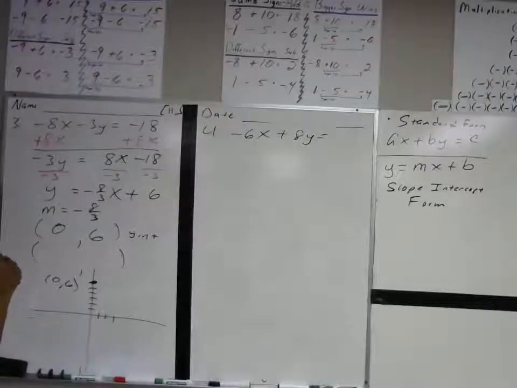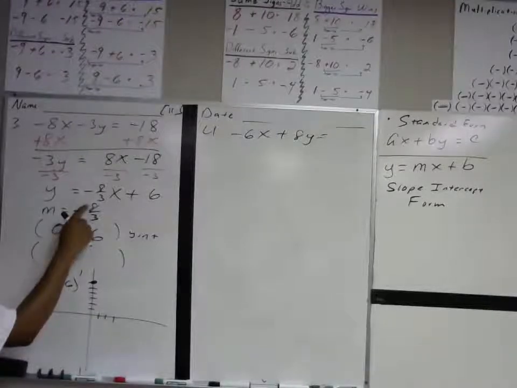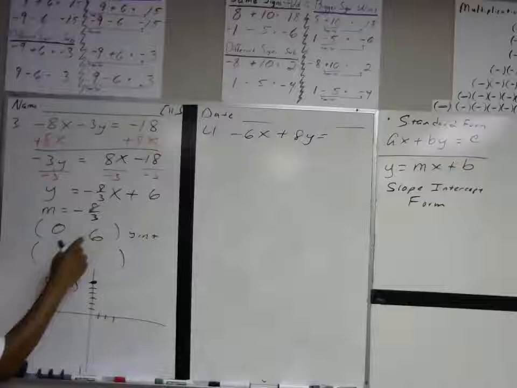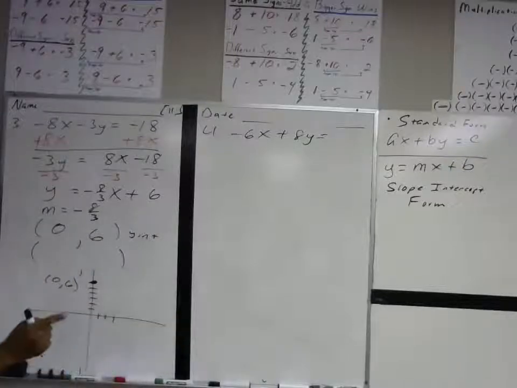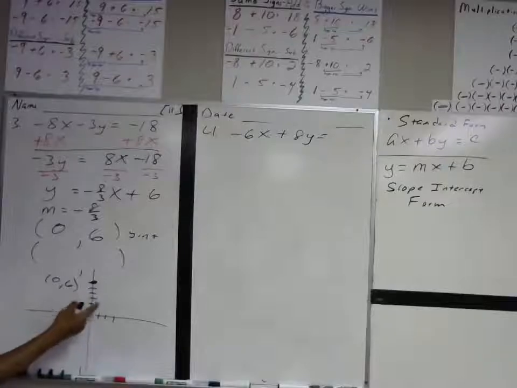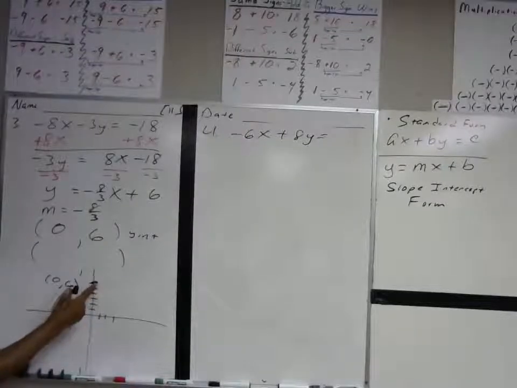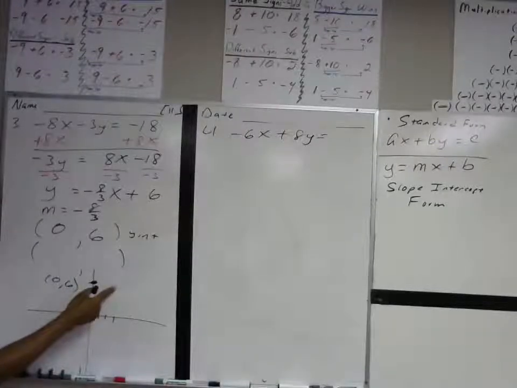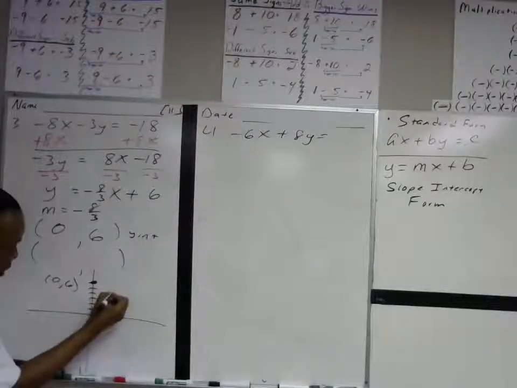Wait, that's a negative. Should it be going the other way? No, just for up and down. So 3 is always going to go to the right. I did see on a couple of papers some people were going to the left when it came to running, but Andres is doing it right. It's 3 times to the right, and then how far down again, Andres? 8 down.